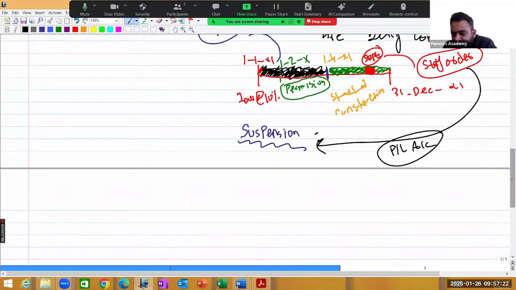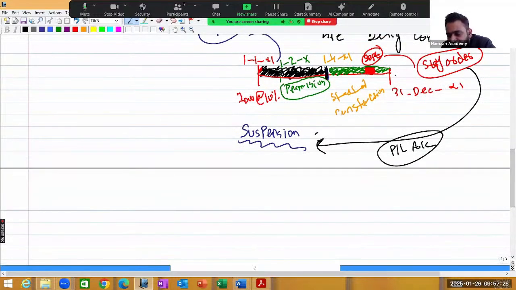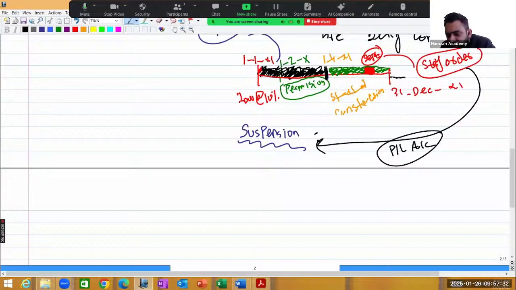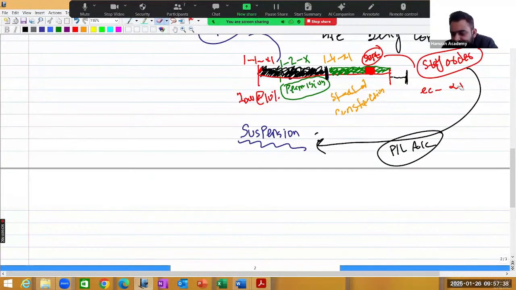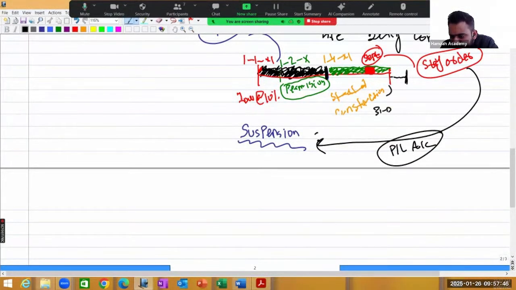Now, for example, you have started to capitalize from 1st April, then in September there is a suspension period. This is our year end, 31st December X1.